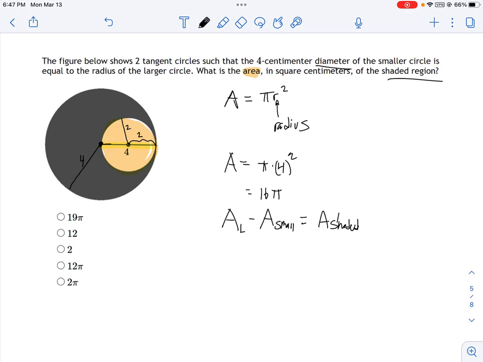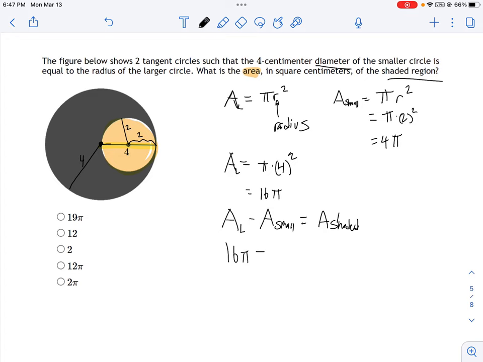So now we have our 16 pi, and we've got to find the area of the smaller circle. I'm going to put an L for larger. The area of the smaller circle is the same thing, pi r squared. And we know the radius, we already found that to be 2. That means we have pi times 2 squared. Well, 2 squared is 4, so 4 pi is the area of your smaller circle.